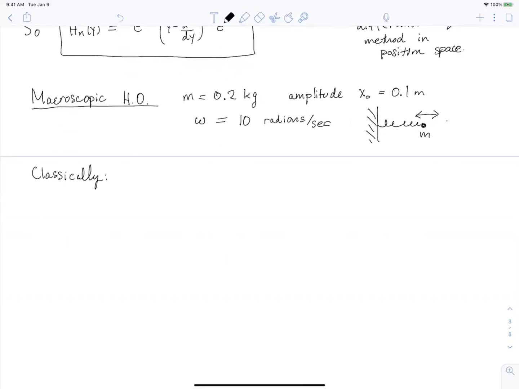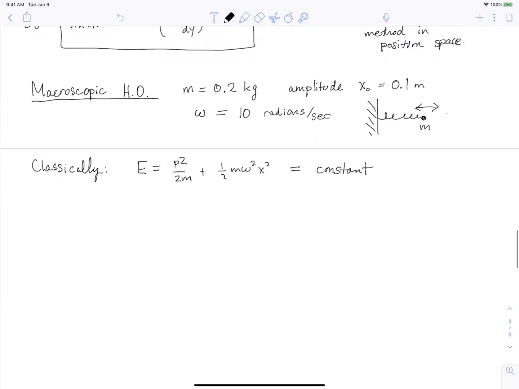Classically the energy is p squared over 2m plus 1/2 m omega squared x squared. And we know that it's going to be a constant, since we are neglecting friction and gravity and all that stuff. Since it's a constant, we can evaluate it when p equals 0 to find out what constant it is.